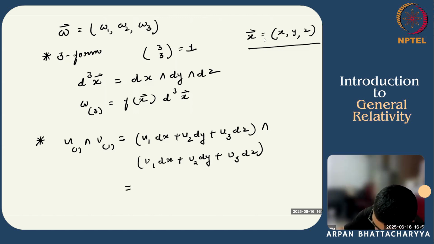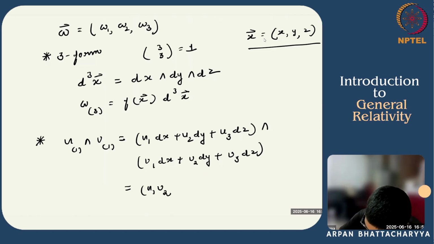Remember that this is an antisymmetric product. So dx wedge dx will be 0. Only when an element from the first factor is not the same as the element from the second factor will the corresponding wedge product be non-vanishing. Keeping this in mind, we take this term wedged with this term, and we get u1 v2 with dx wedge dy.